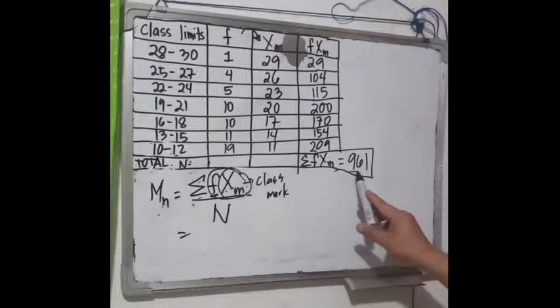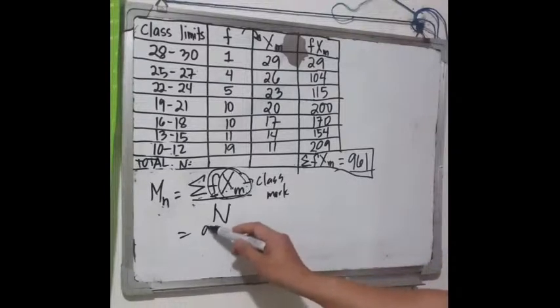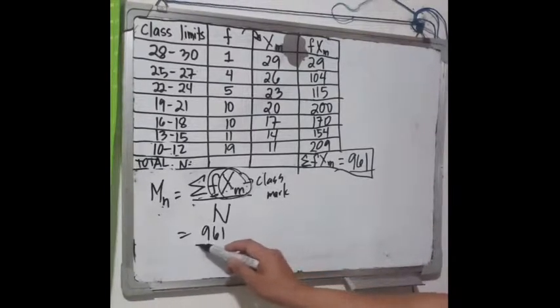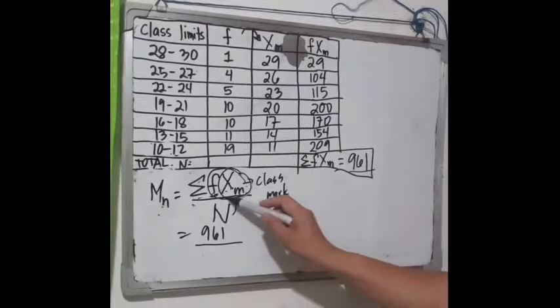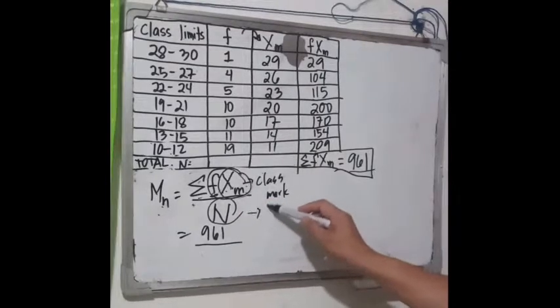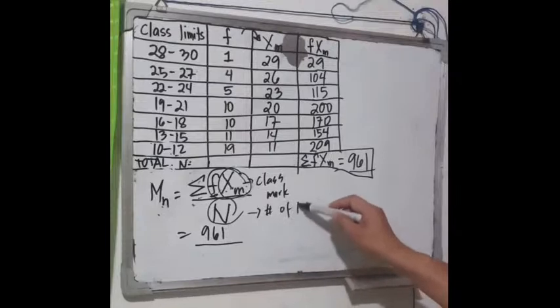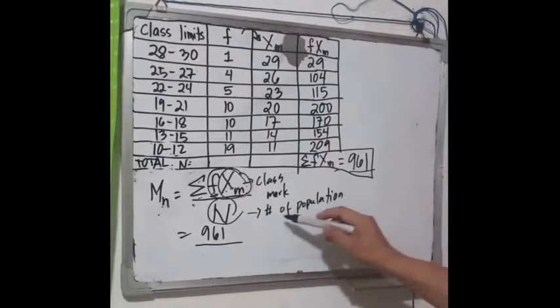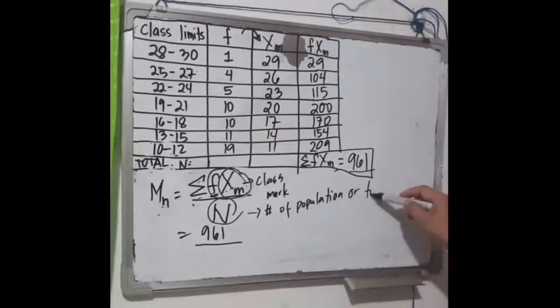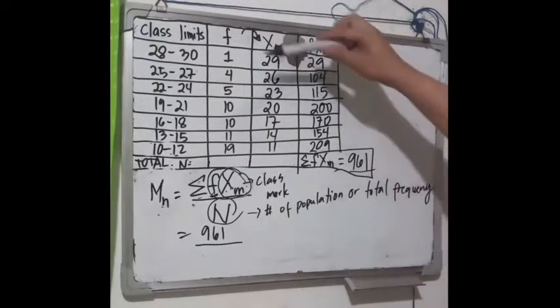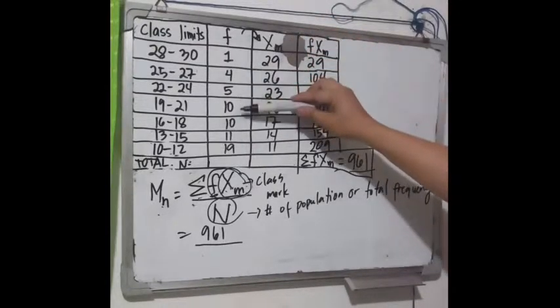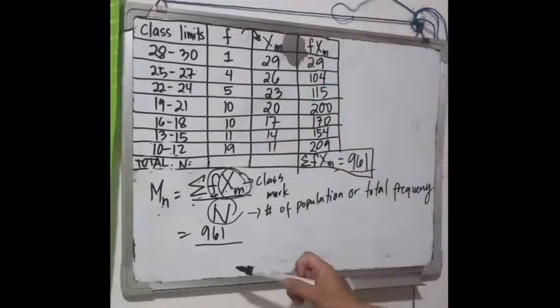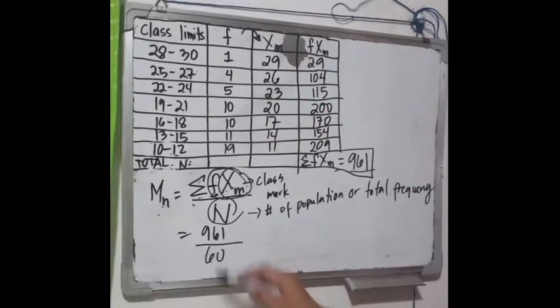That is the number of population or the total frequency. So 1 plus 4 plus 5 plus 10 plus 10 plus 11 plus 19, that is 60.